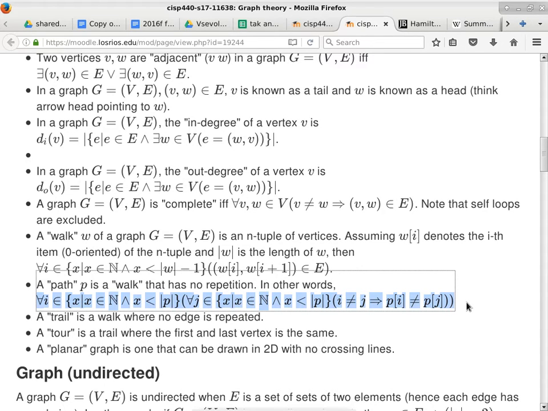Why is that important? You can use it to prove stuff, okay, but who's going to do the proof? If a person is going to do the proof, the person can easily read, oh, it's a walk with no vertex repetition. So that's easier, okay? So why do we want to be able to express these things using these really obscure, symbolic ways of doing things?